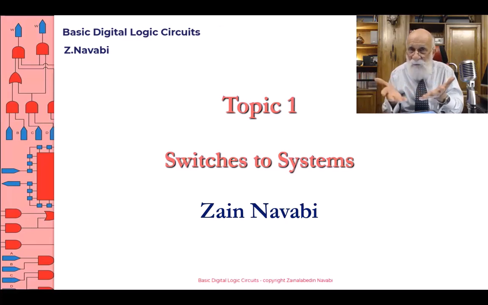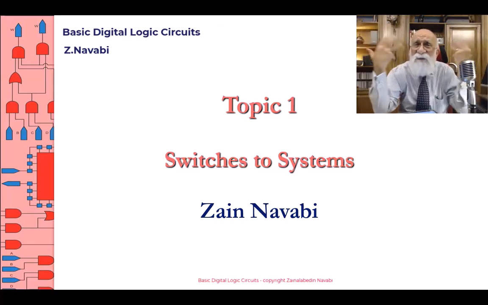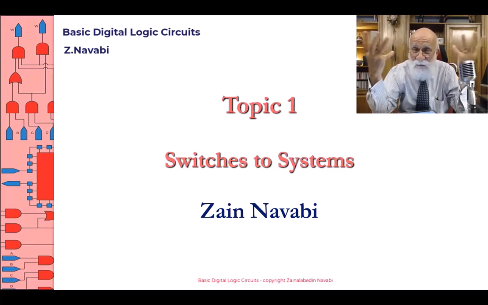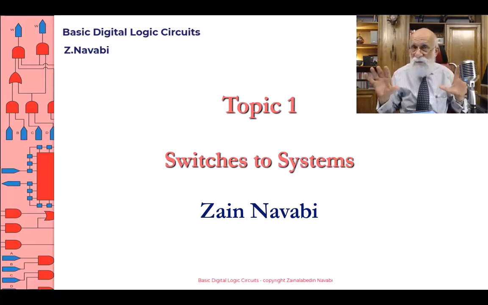All I'm saying here is that from those elementary basic elements, the switches, how do we go to systems? How do I take a system description like vehicle detection and eventually bring it down to these switches, these transistors?